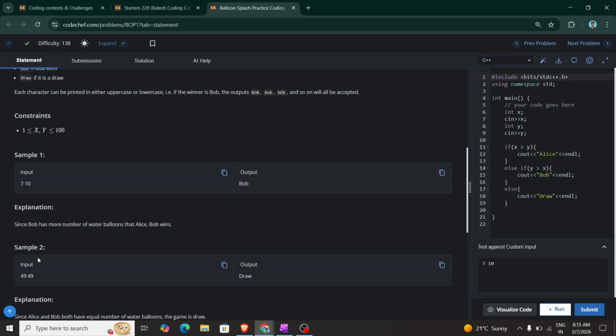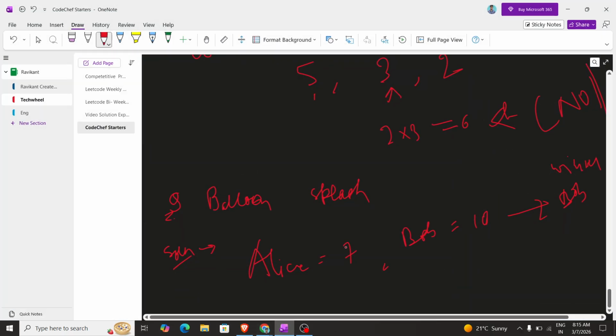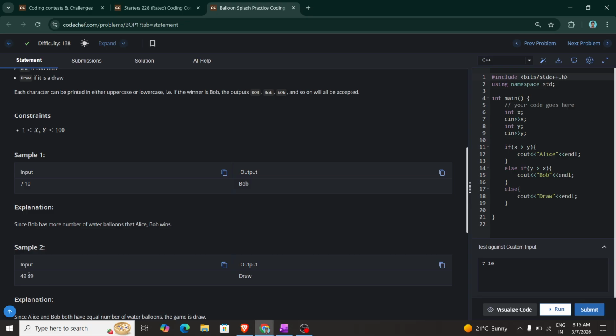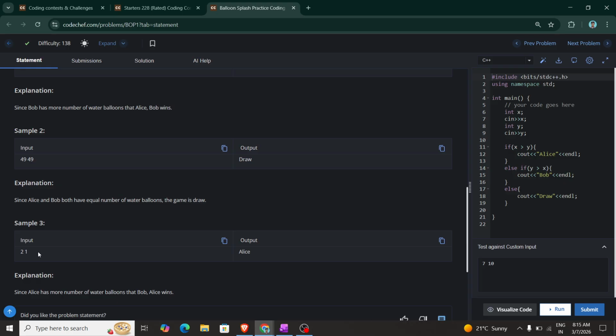Simple. The second test case is 49 and 49. Since both Alice and Bob have an equal number of water balloons, we are printing the output as draw.